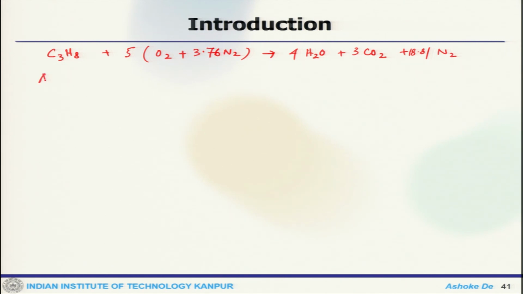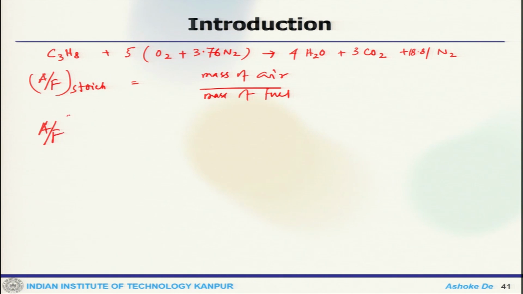Now, one can find out the air fuel ratio at stoichiometry. It is the mass of air divided by the mass of fuel.